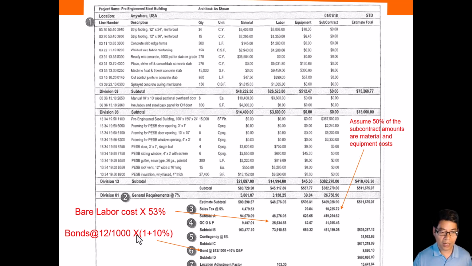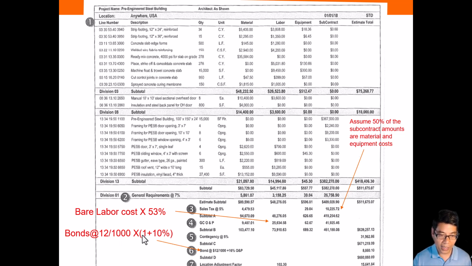So whatever the job the contractor is doing, they always would like to charge some additional overhead and profit, because they have to assign some person to follow through this task, and they always make certain profit out of the work that they are doing. So the correct formula for this should be rewritten as every $1,000 you're going to spend $12 on the bond.